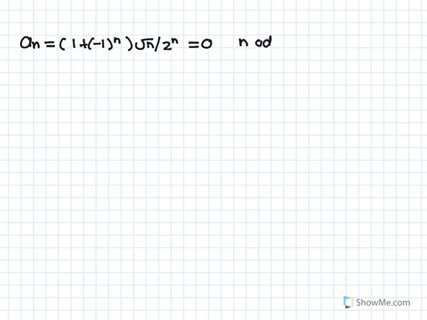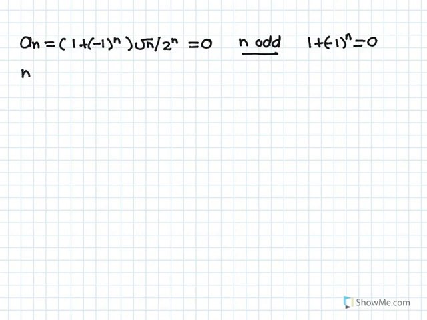So it's clear that when n is an odd integer, a_n is equal to 1 plus negative 1 to the n times root n divided by 2 to the n, which is equal to 0 when n is odd. And the reason, of course, is 1 plus negative 1 to the n will always be equal to 0 when n is odd.